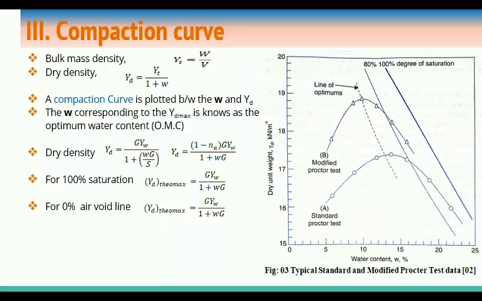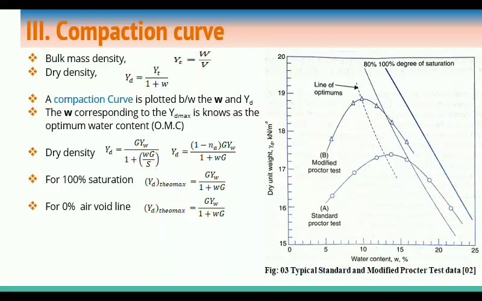Okay. So if we draw a 100% saturation line or a 0% air void line, it would be the same line. Whatever line is shown in the figure, we can say it is the 100% degree of saturation line, or the 0% air void line, because these two give the same result, the same dry density. Theoretically, the maximum dry density will be the same.